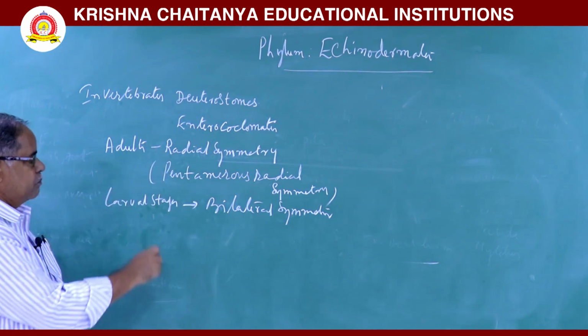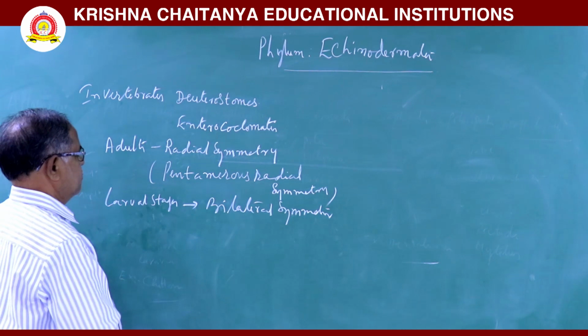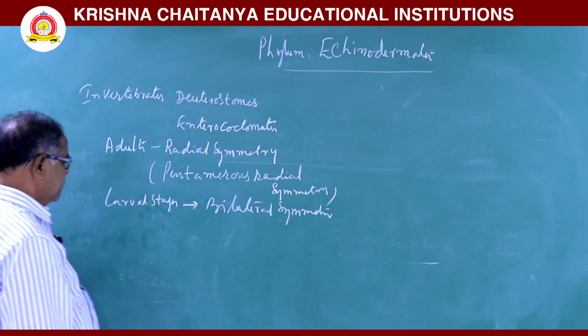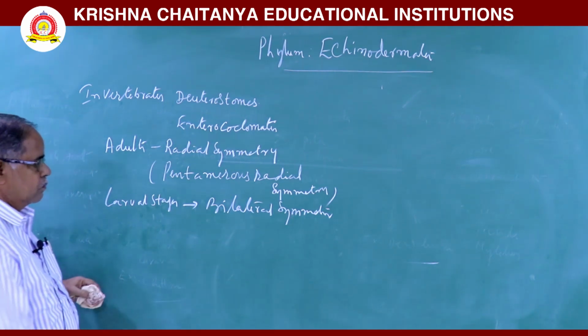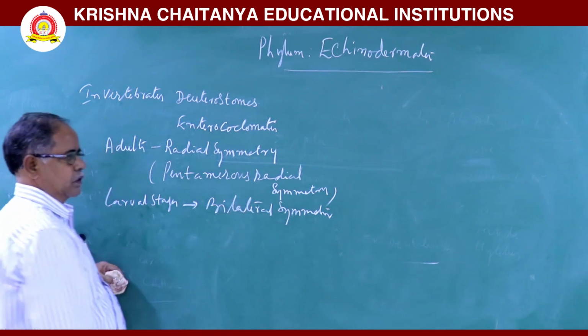That radial symmetry is a pentamerous radial symmetry. In larval stages, bilateral symmetry is there. Echinoderms are deuterostomes, enterocoelomate invertebrates. In adults, pentamerous radial symmetry is there. In larval stages, bilateral symmetry is present.